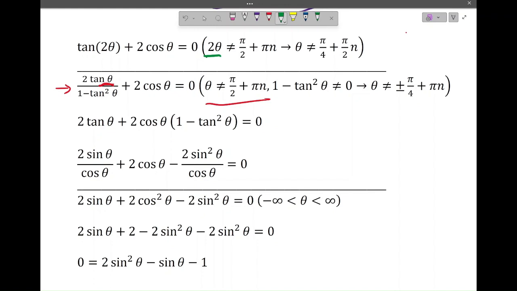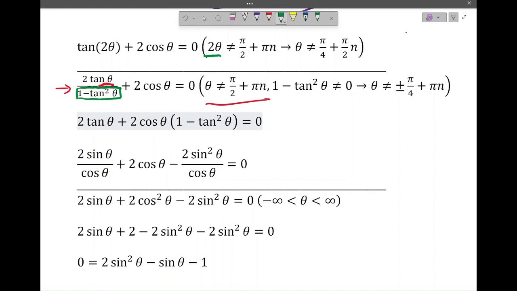But at the same time, we've also introduced a fraction here that wasn't already there, with a denominator of 1 minus tangent squared. So we can't allow that to be 0, because again, otherwise your equation, or part of your equation, is undefined. And so we get this.